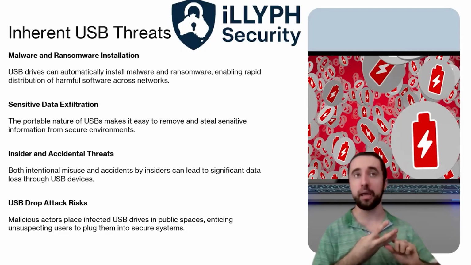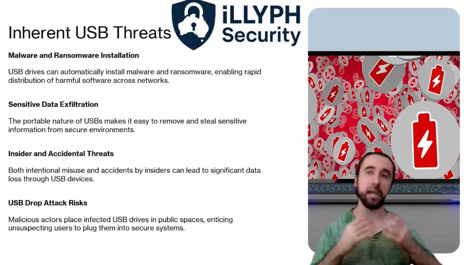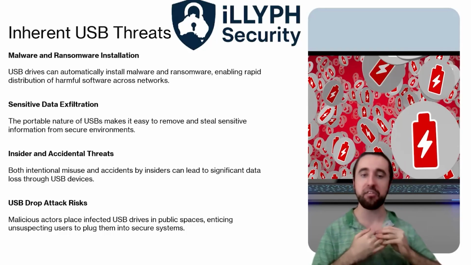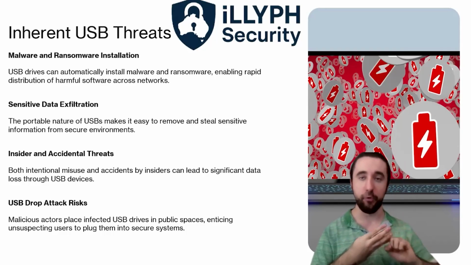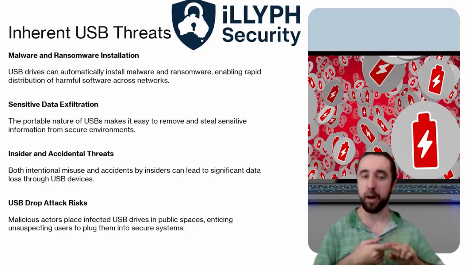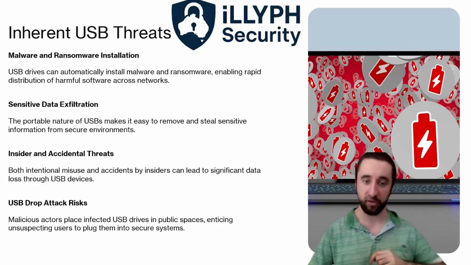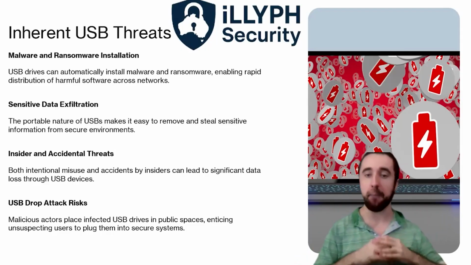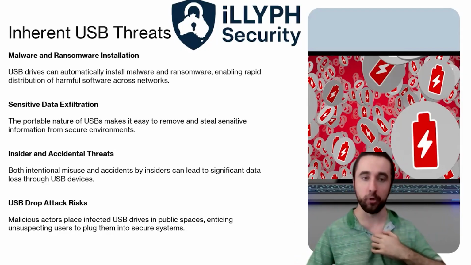The third is insider threats, whether intentional or by accident. Employees can cause massive data loss just by plugging in the wrong device. And the fourth is USB drop attacks. This is where attackers can leave infected USBs in public places, hoping that someone plugs them in out of curiosity. These risks aren't hypothetical. They're happening right now in companies all over the world.